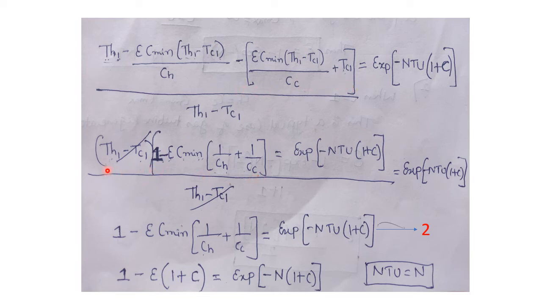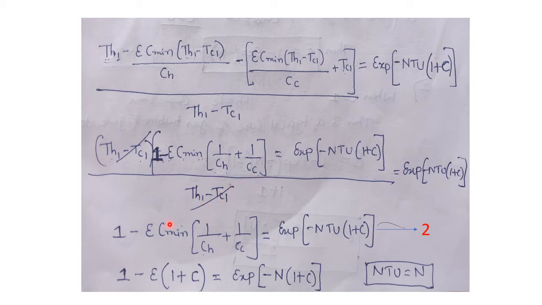That means I have taken TH1 minus TC1 as common. In the bracket, this will be 1 minus epsilon of C minimum (1 divided by CH plus 1 divided by CC), equal to exponential of minus NTU (1 plus C). Sorry, this is not related to this part, only to the other equation.